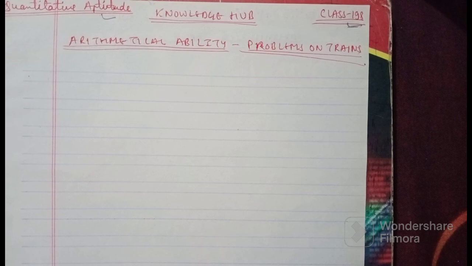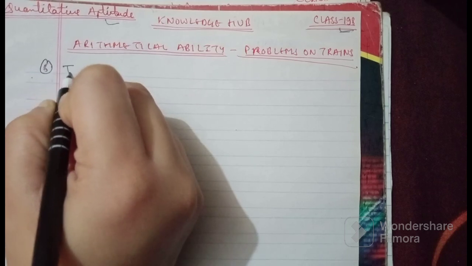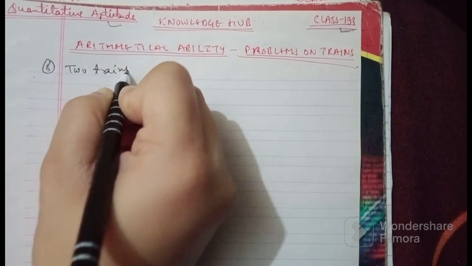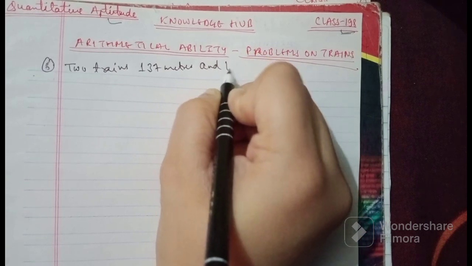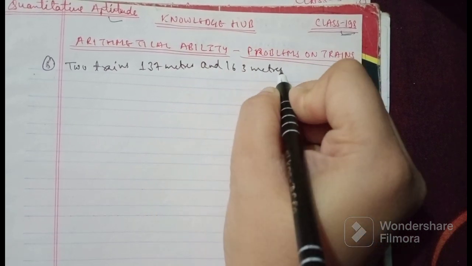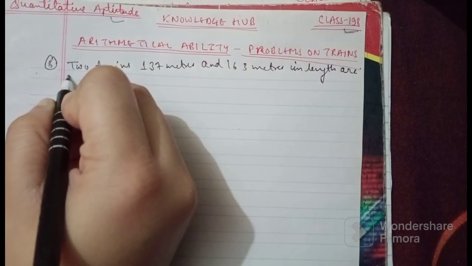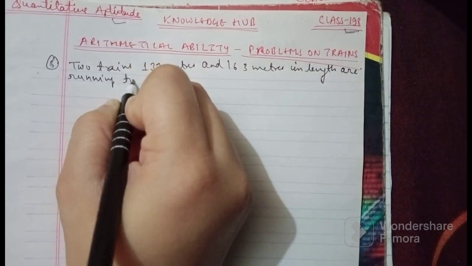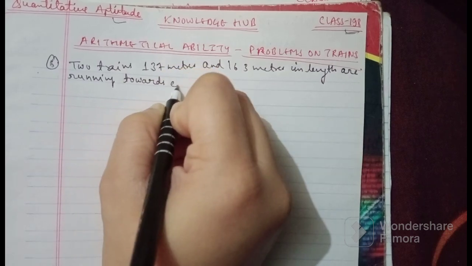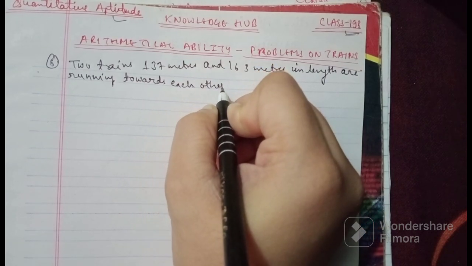So we go for the 6th question. Two trains 137 meter and 163 meters in length are running towards each other on parallel lines.